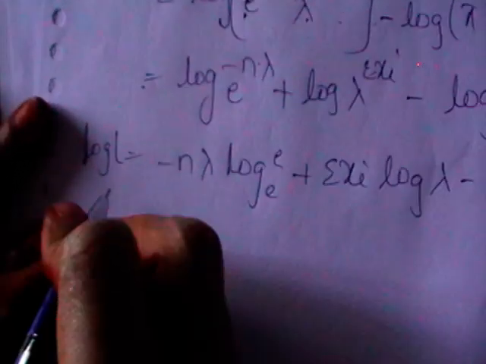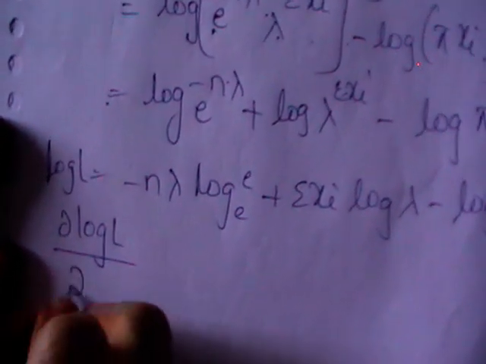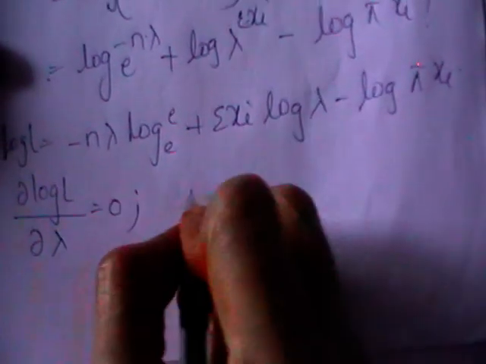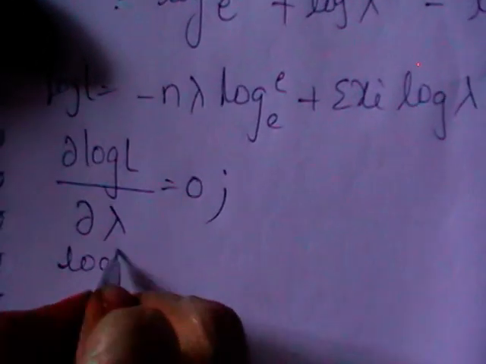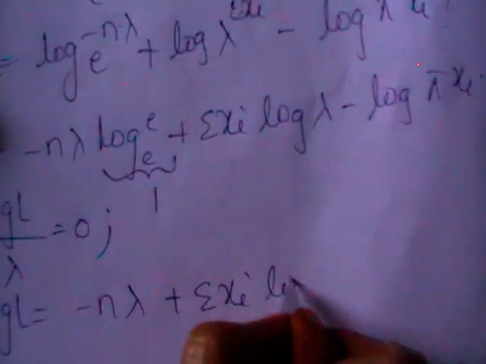So how do you maximize? Maximize means you need to find the estimator for lambda. So dou log L by dou lambda should be 0 and the second derivative should be less than 0. Let us write log L again: minus n lambda plus sigma xi log lambda.